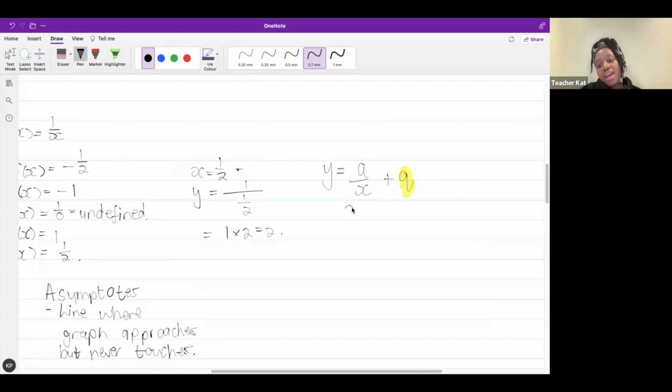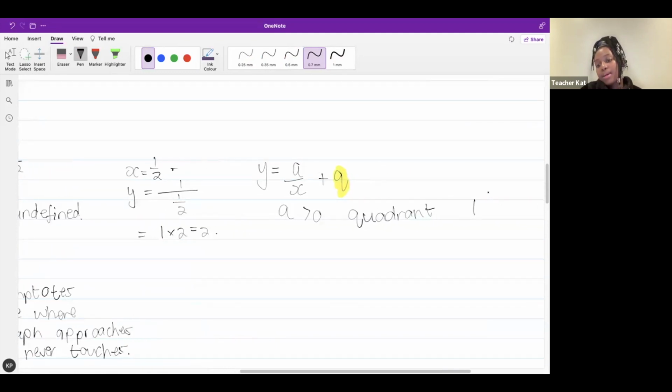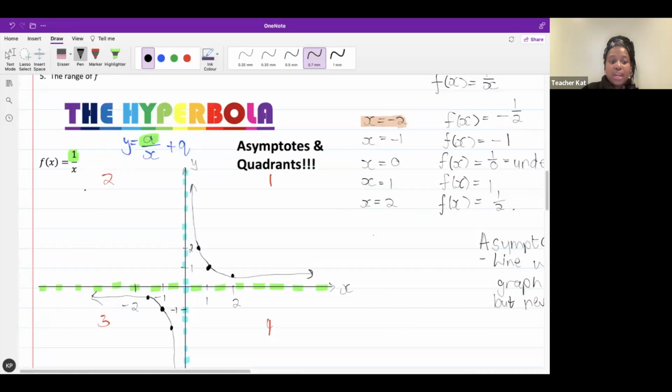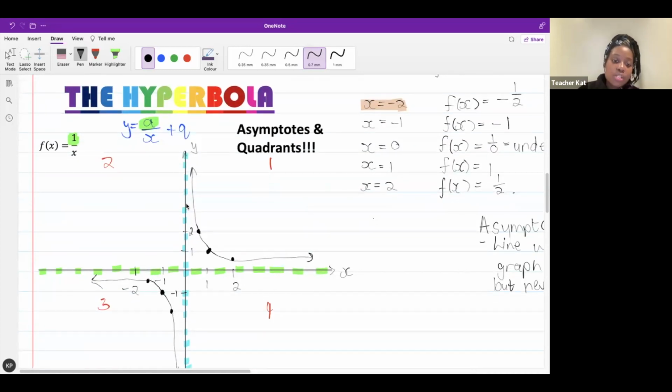If a is greater than 0, as we have just seen, then it will be in quadrants 1 and 3. But if a is smaller than 0, then it'll be in quadrants 2 and 4. In this case, my a was positive, greater than 0. Hence, my graph was in quadrants 1 and 3.